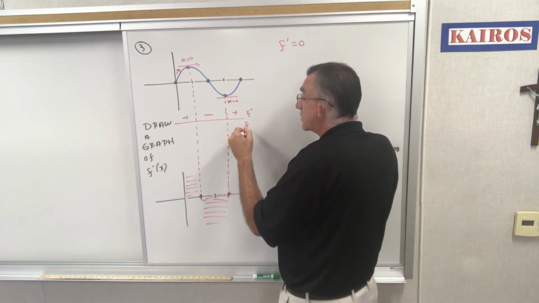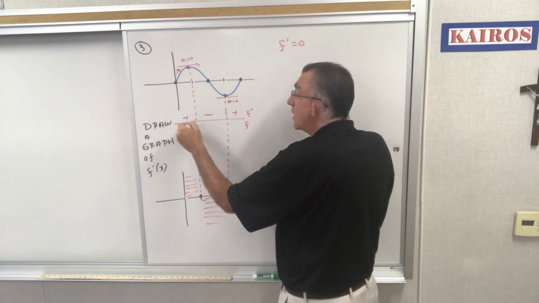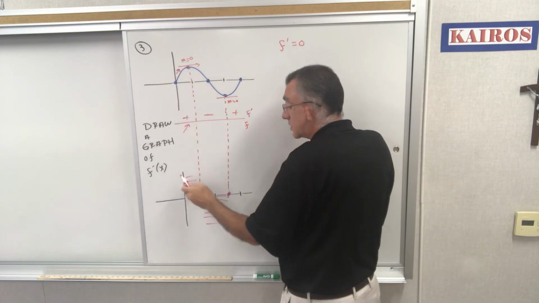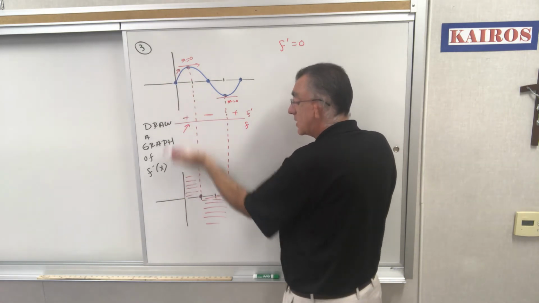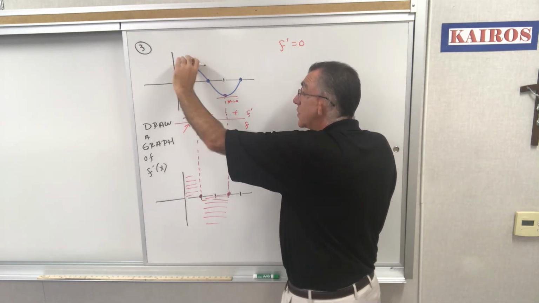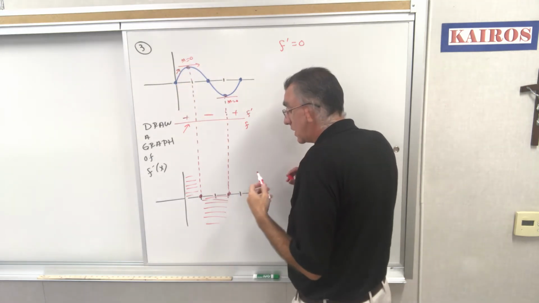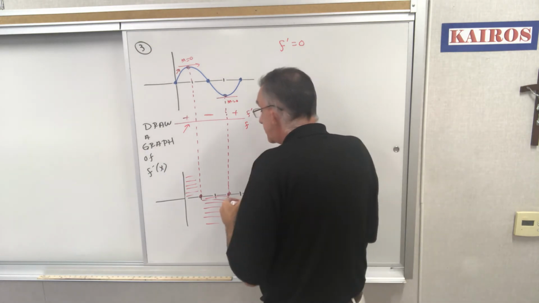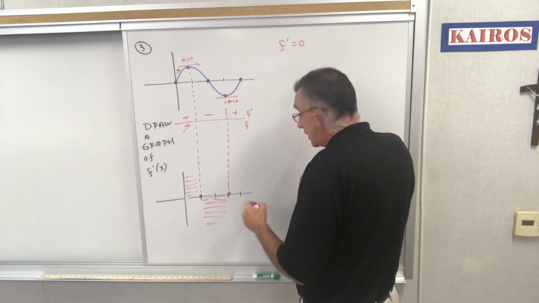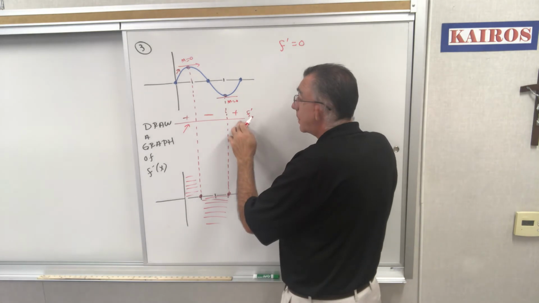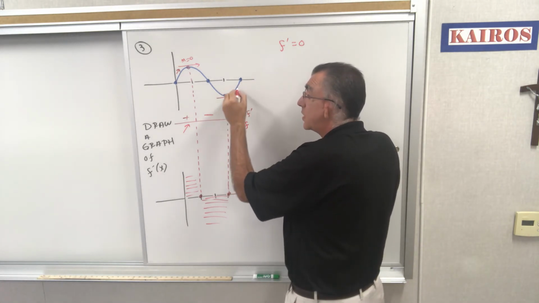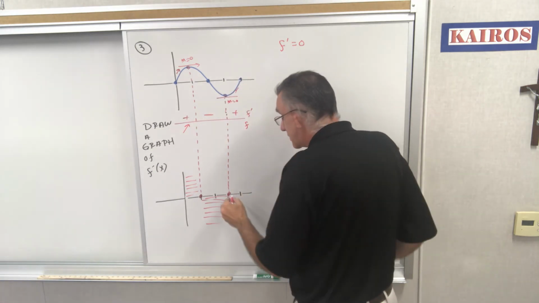Now again, make sure you get what I'm saying here. Since the function is going up, we say the derivative has to be a positive number. So the graph has to be here. It's got to be a positive number. Here, the function is going down, so the derivative has to be what's called a negative number, okay? And then here, from here to here, if I take any point there and find the derivative, since the function is going up, we say the derivative is positive.